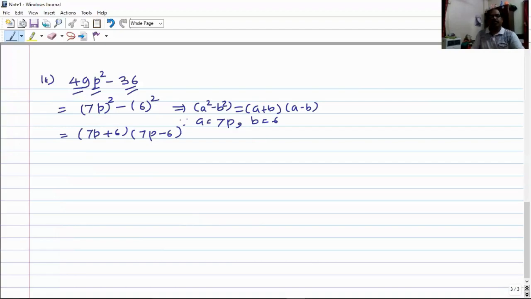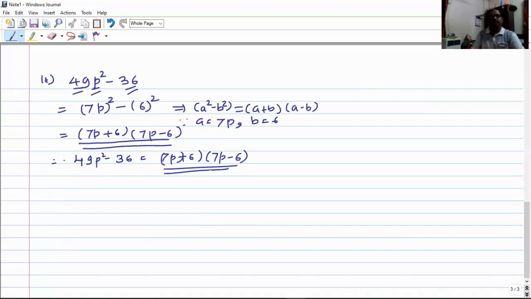So these are the two required factors for the given algebraic expression. So 49p square minus 36 can be written as 7p plus 6 in the first bracket, that is the first factor, and the second factor is 7p minus 6.